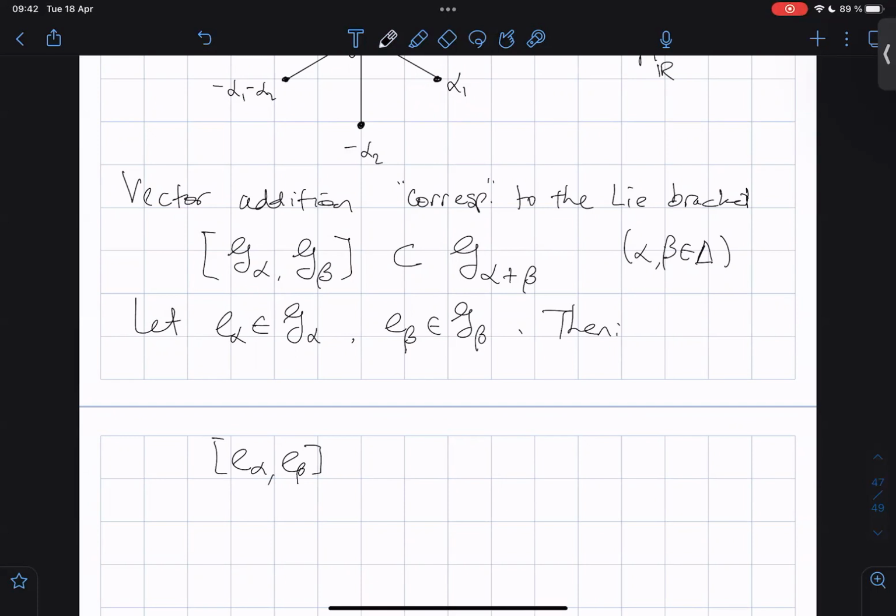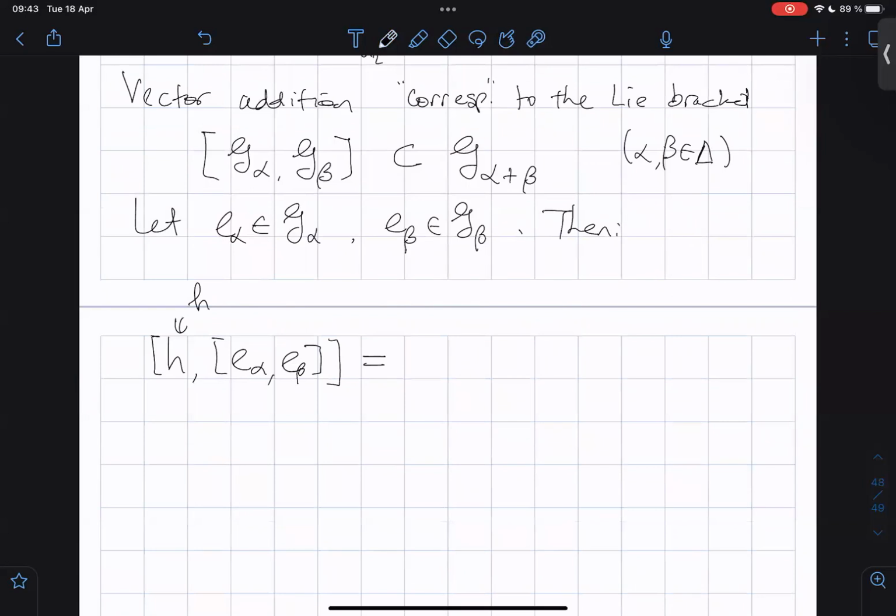Since we're doing everything with respect to the Cartan subalgebra, to determine where this lands, I need to act with something in the Cartan subalgebra. So we're taking an H inside trace-free diagonal matrices, and letting it act on this bracket. To evaluate this, we use the Jacobi identity. This ad H map acts as a derivation.